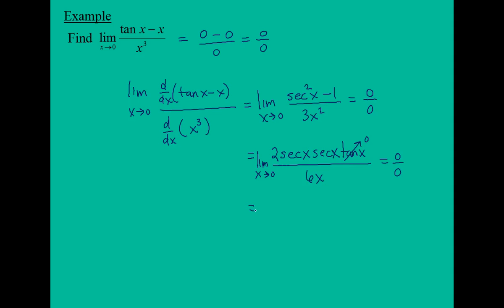So if we apply L'Hopital's rule again, we have in the numerator here 2 secant squared x times tangent x.